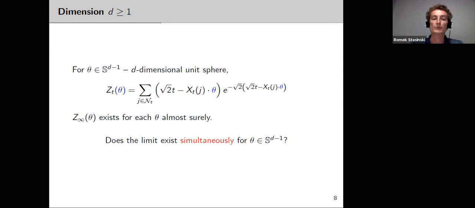So we end up with a process on the sphere. And we know that if we fix any particular direction theta, then this process, Z_t of theta, is going to converge almost surely. But does it mean that the limit exists simultaneously for all or almost all thetas from the unit sphere?